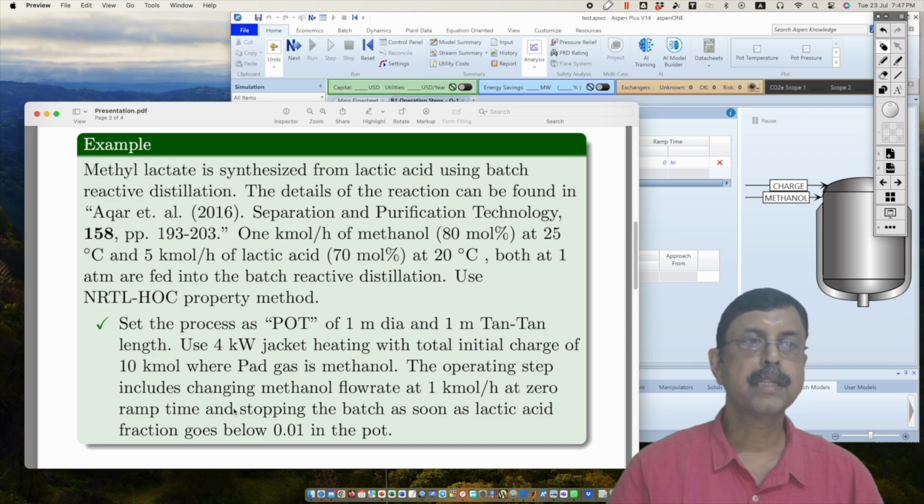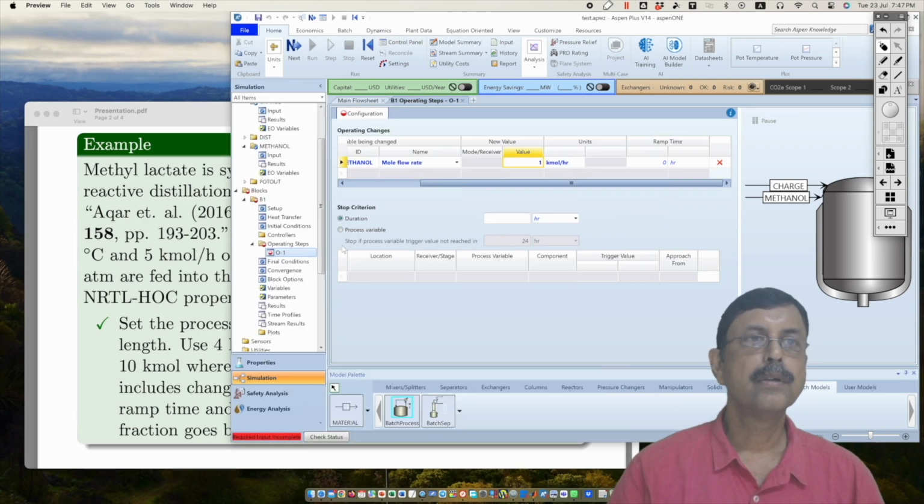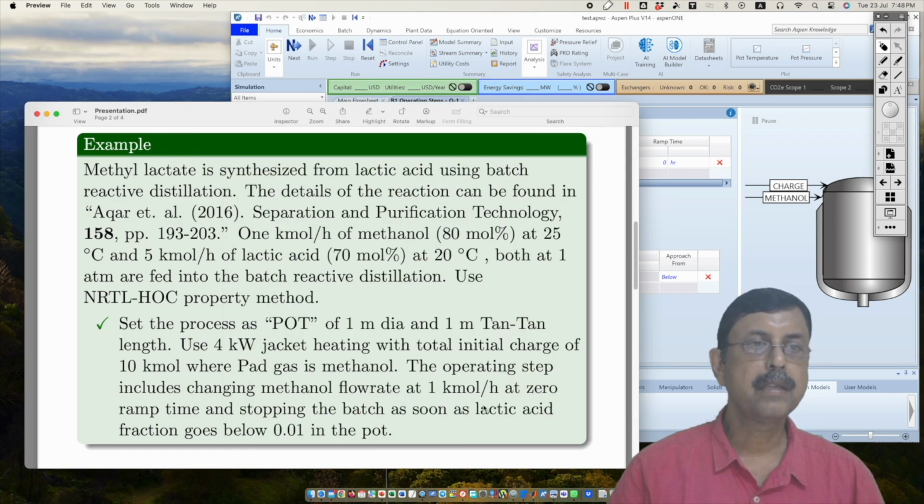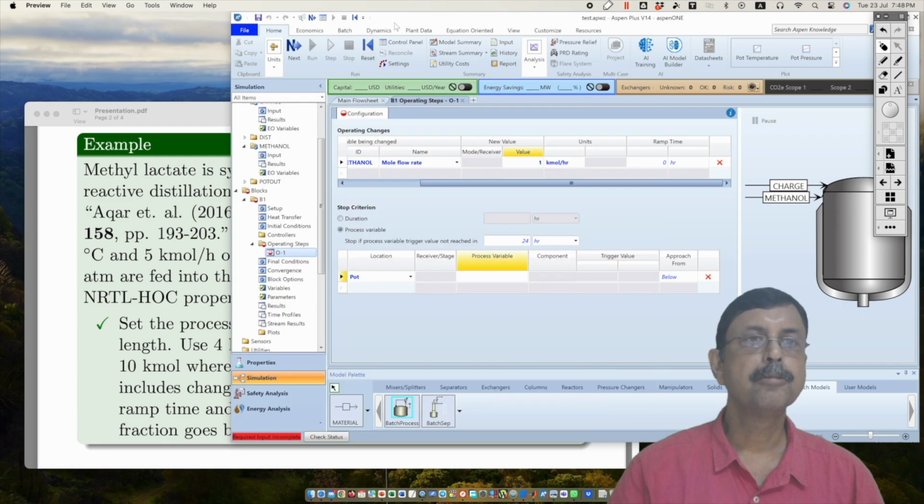And second condition is stopping the batch as soon as the lactic acid fraction goes below 0.01 in the pot. So what is the stopping criteria? Stopping criteria is the process variable. Which location? Pot. What is the process variable? Process variable is the lactic acid fraction.